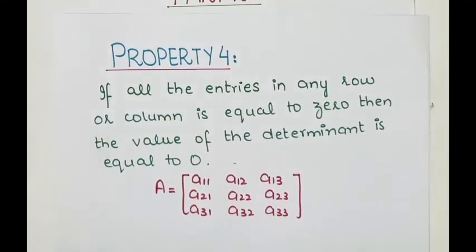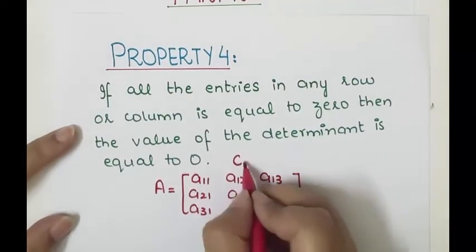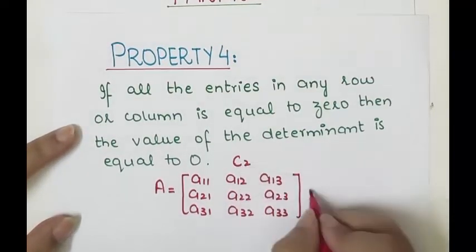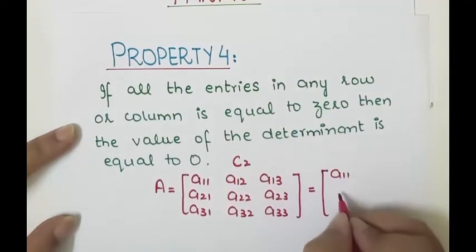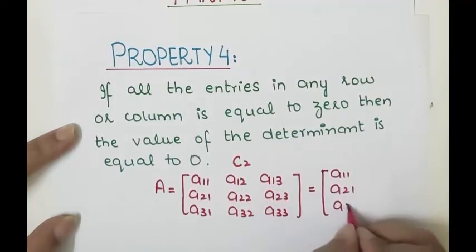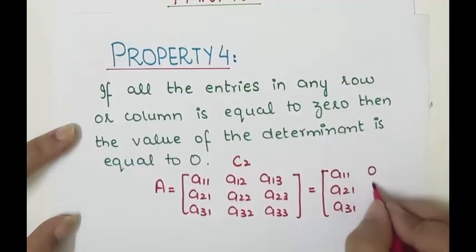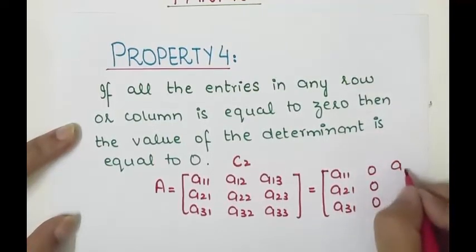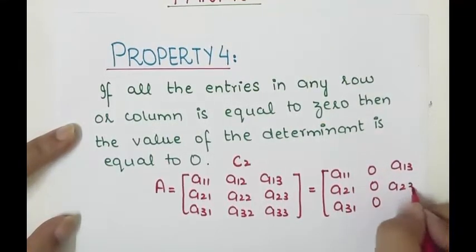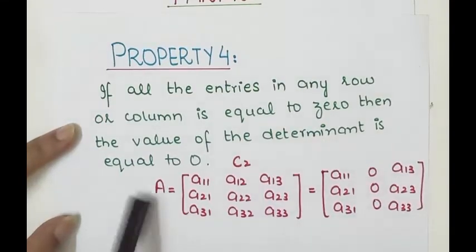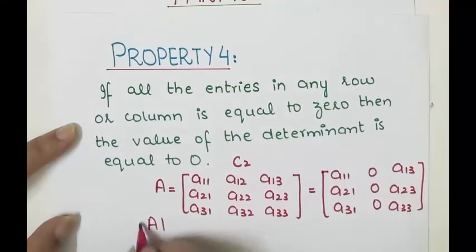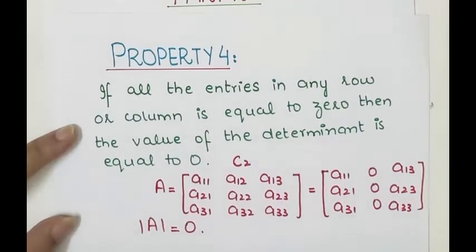Now if we suppose that the value of this column C2 is entirely 0, like A11, A21, A31, 0, 0, 0, and we have A13, A23 and A33. Then when we take the determinant A, the value of this determinant is equal to 0.